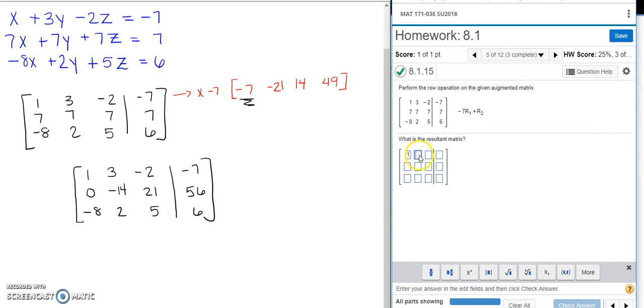Let me type this in real quick. And then we're going to talk about why we would want to do this and what this is helping.